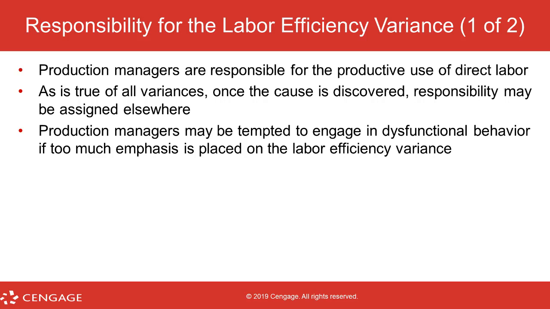And it points out here that if we set incentives based on labor efficiency, then there's the potential for a production manager to engage in some type of nefarious behavior to make things look like they're more efficient than they actually are.